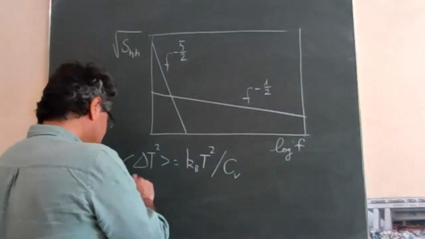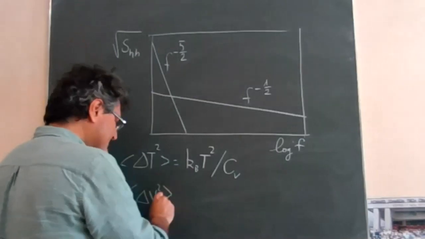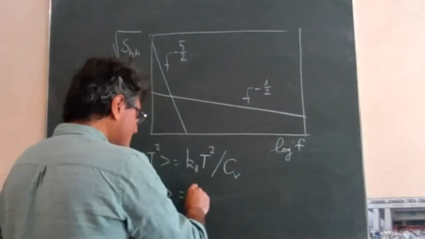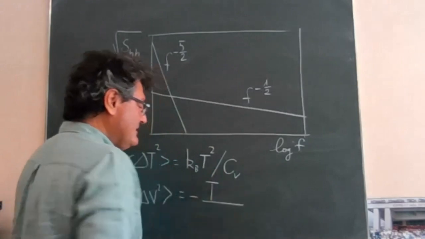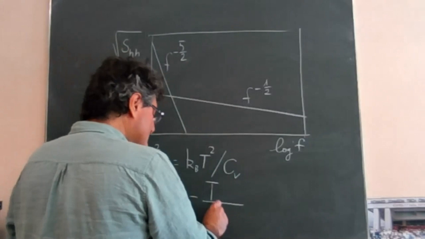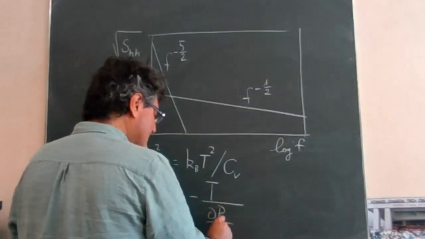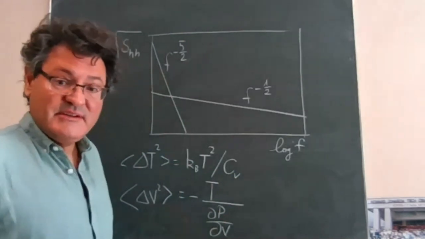And the other is delta V squared, which is minus T, the temperature, times dP over dV, which is the volumetric rigidity.